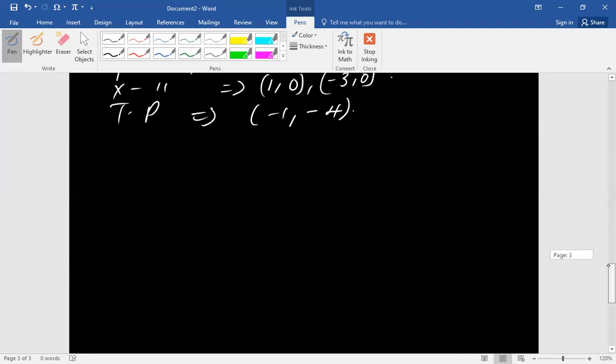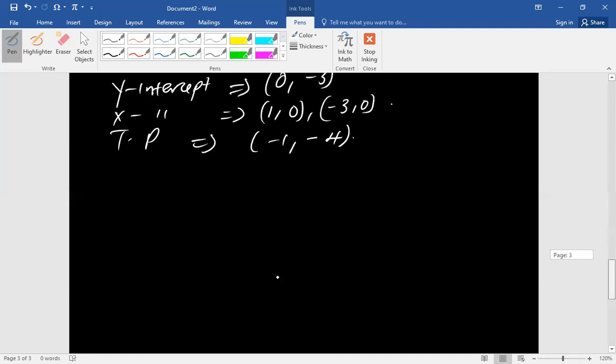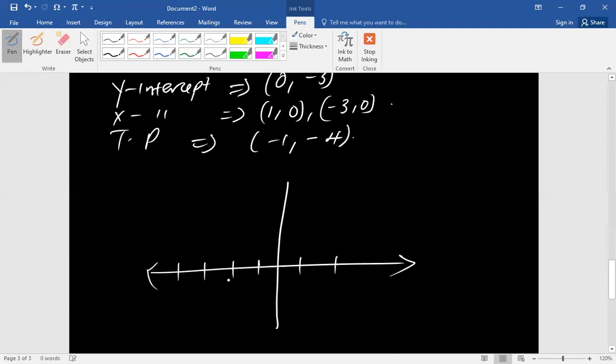To draw the graph now, we just do this, as simple as that. And then let's have up to -3 here. One, two, three, 4. So we have 0, -3, which is actually here.